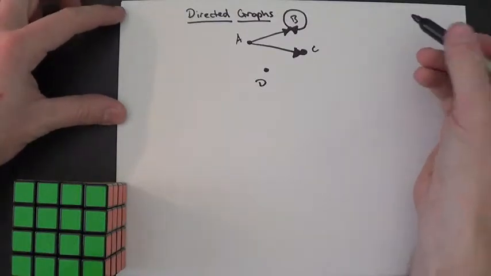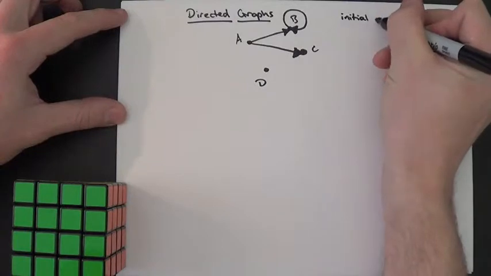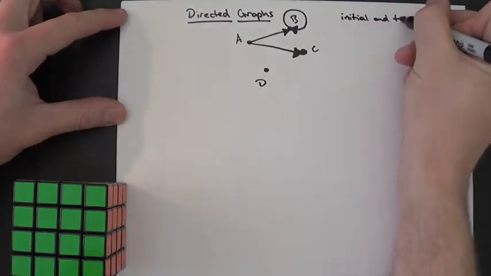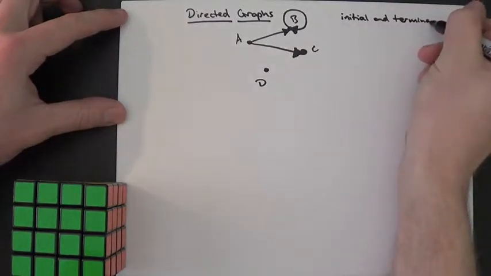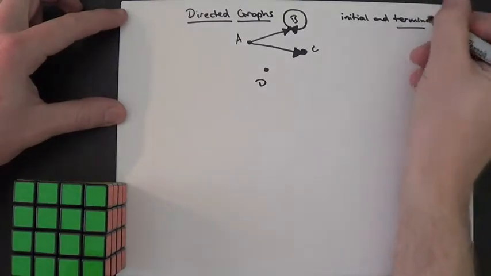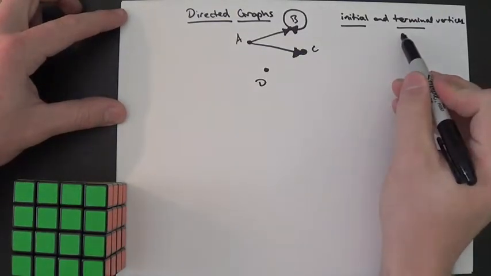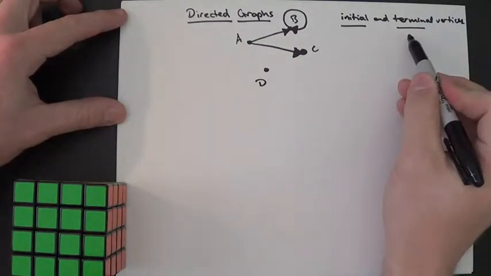With directed graphs, we can discuss initial and terminal vertices. Okay. The vertex that the edge begins at and the vertex that the edge ends at.